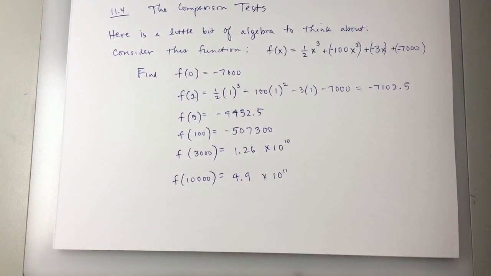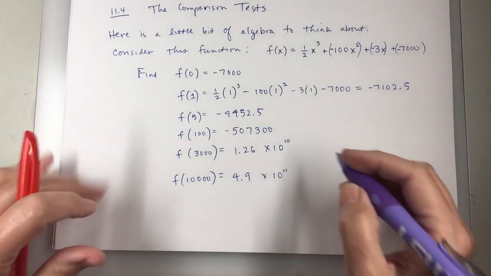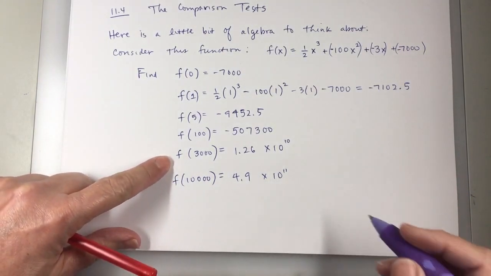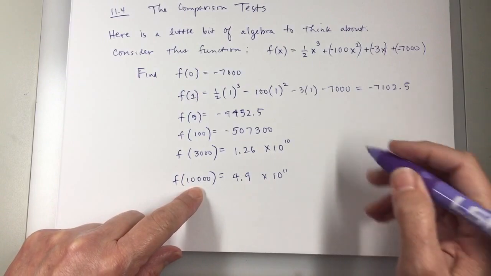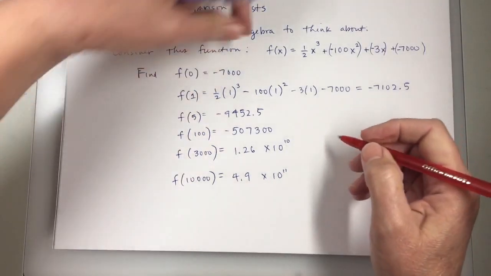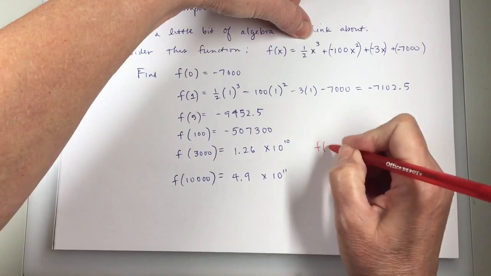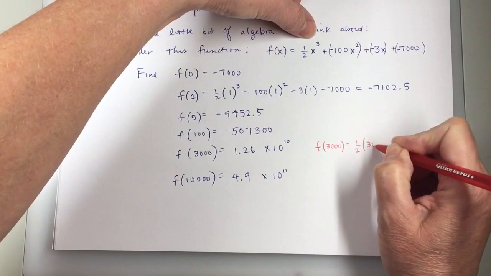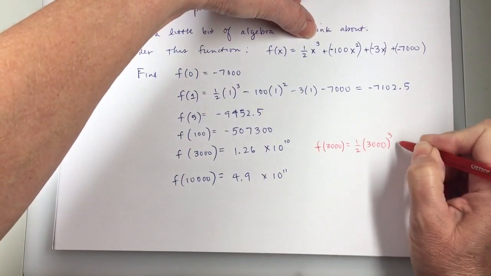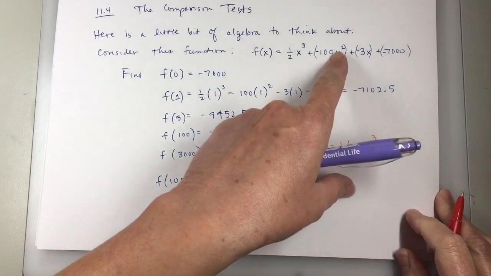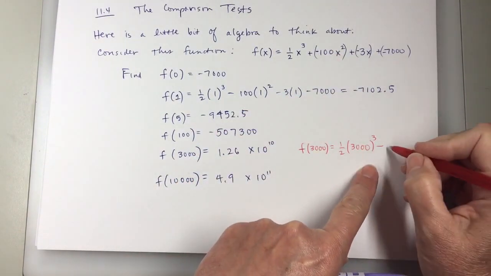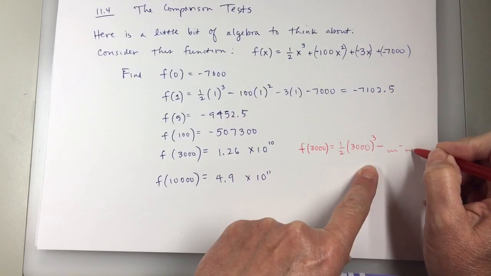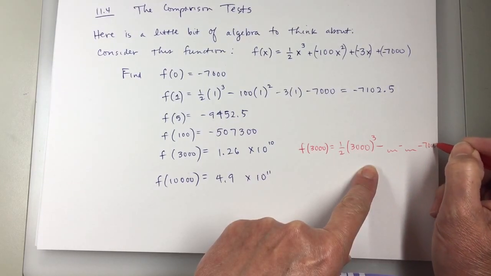And what I want you to see that's going on with this problem, maybe I should write this, f of 3,000 and f of 10,000. So if I look at my function here, f of 3,000 would have been 1/2 times 3,000 to the 3rd minus something, minus something, minus 7,000.